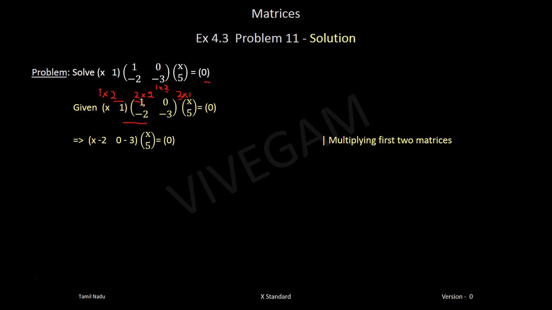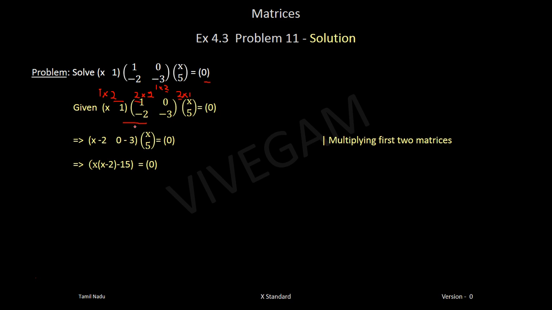First row into first column will come here, first row into second column will come here. So x into 1 is x, and 1 into minus 2 is minus 2. First row second column: x into 0 is 0, and 1 into minus 3 is minus 3. I'm bringing this down as it is. Now simplify this. We keep x minus 2, and this is minus 3.